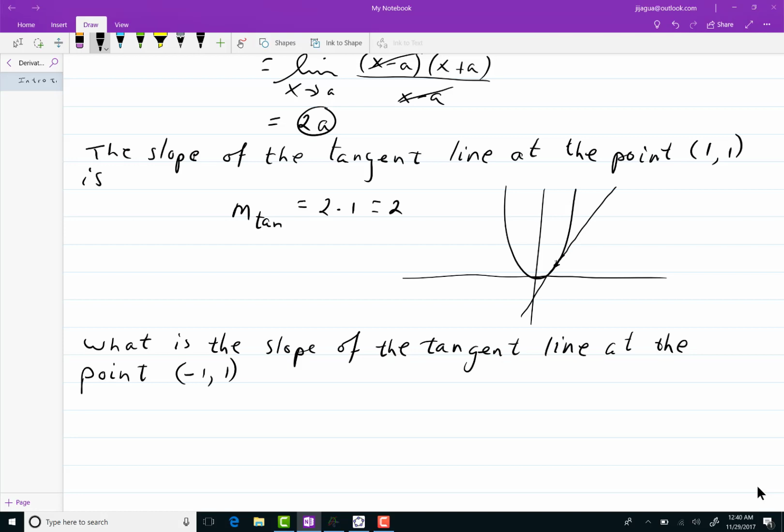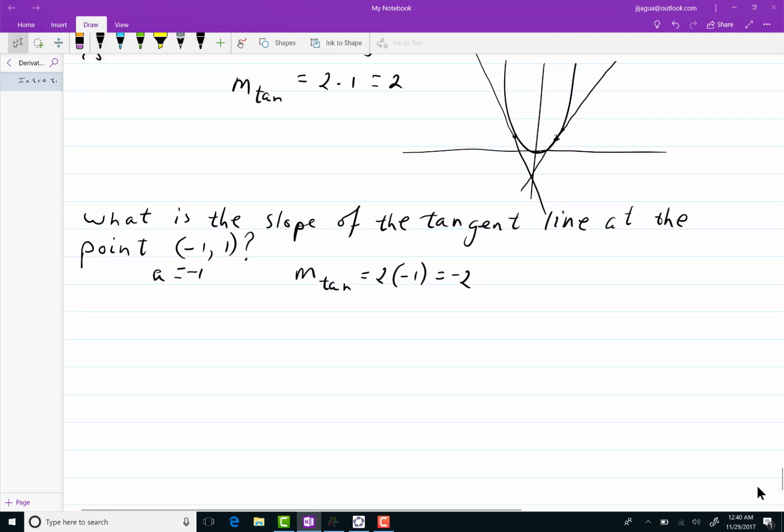So in this case, a equals negative 1, and m tan equals 2 times negative 1, which equals negative 2. And if I go to the other side of this graph to where I think negative 1 might be, you can see that it wouldn't be unreasonable for a tangent line to have a slope of negative 2 there. You would see that the slope would be negative. So you can plug in any value you want and get the slope anywhere you want on the graph.